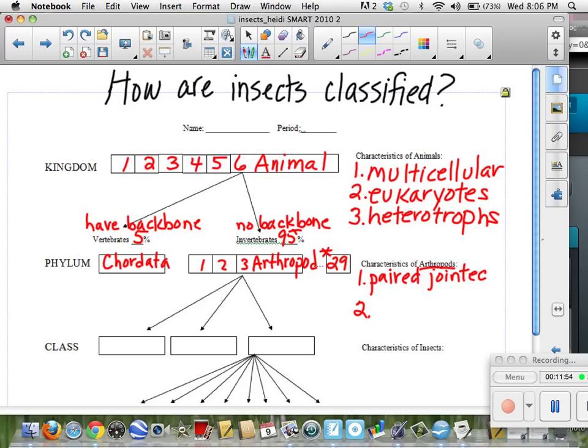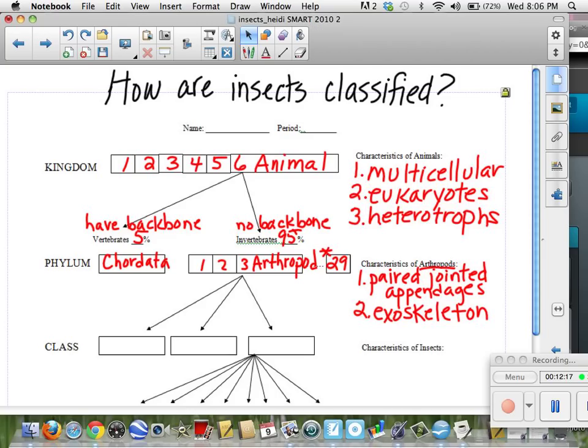So that means they have legs that have sections to them, antenna, and mouth parts, and they're in pairs. And they also have a hard outer covering called an exoskeleton. This is not a backbone, but it is just sort of a hard outer covering. So no bones, but it is called the exoskeleton.